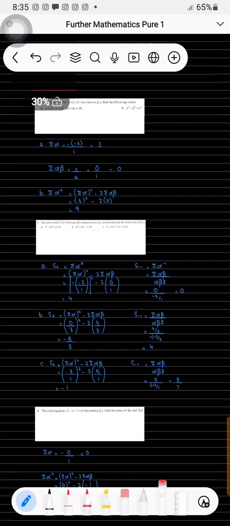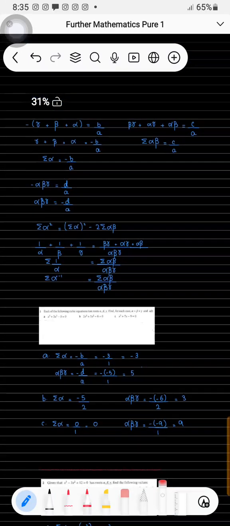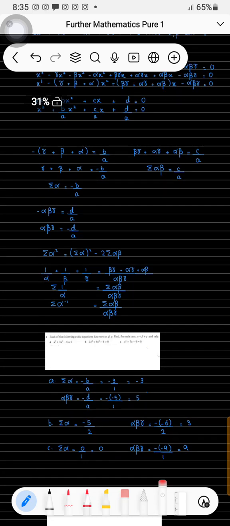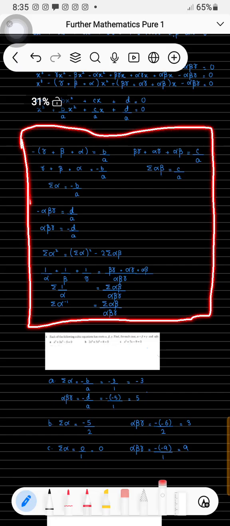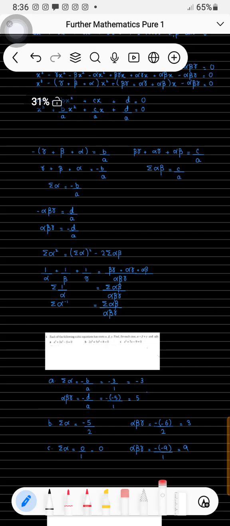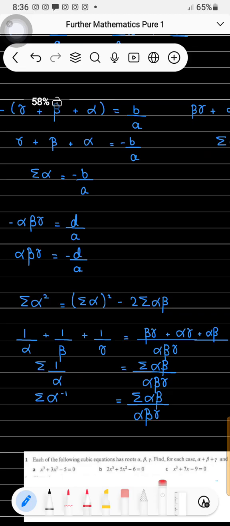Let me give you one quick overview. You have to memorize the formulas which we had learned in the first part of this topic of the cubic, but the fourth part of our chapter. The first formula was this: sum of alpha equals negative b upon a.